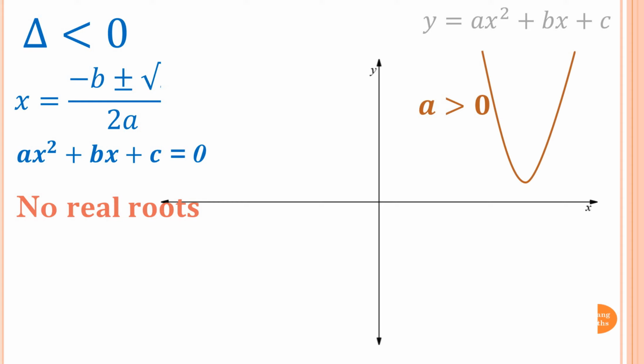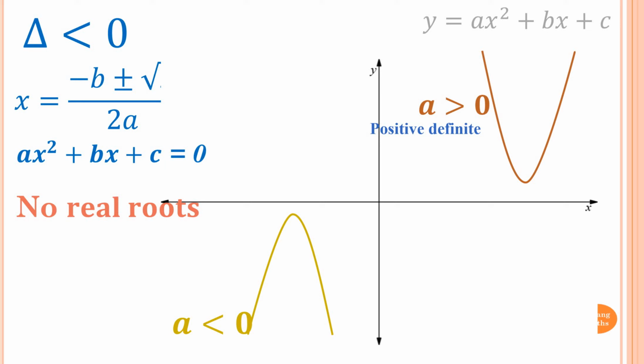In other words, the graph will look like this when a is positive. You can see the whole graph is above 0. So the whole function, if you like, is positive definite. When the function is positive definite, it means the discriminant is less than 0.